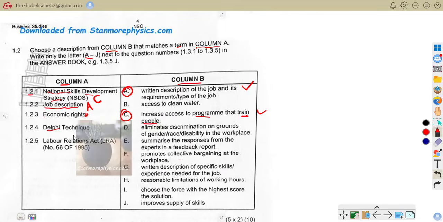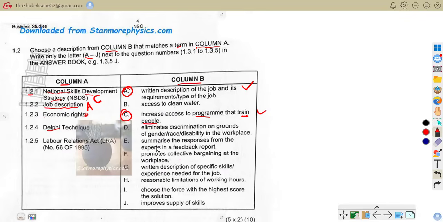We are going to invite the experts. This is where we want the opinions of experienced people. That is why we go for expert opinions.